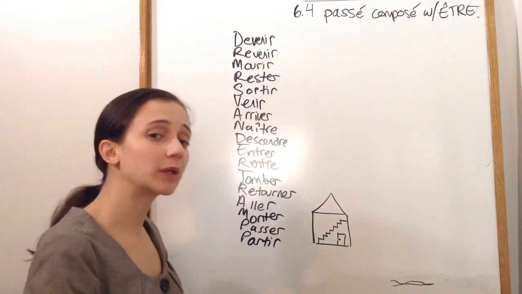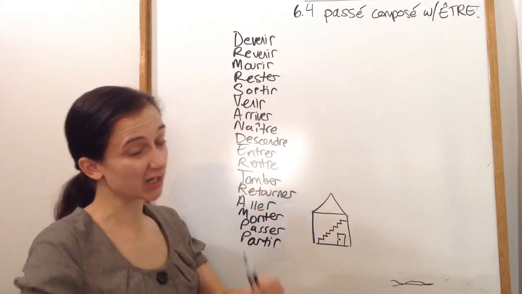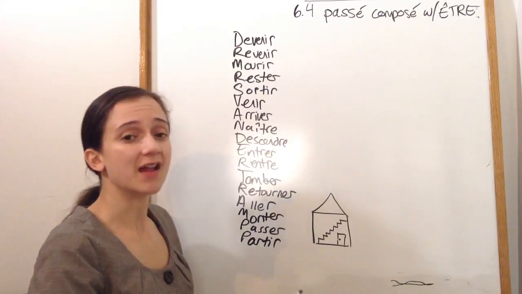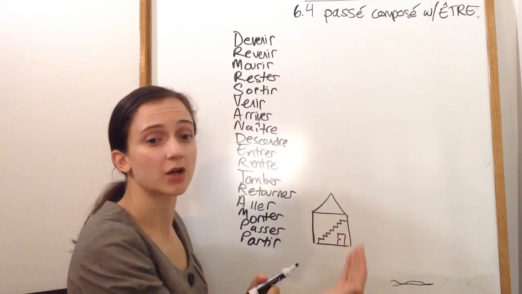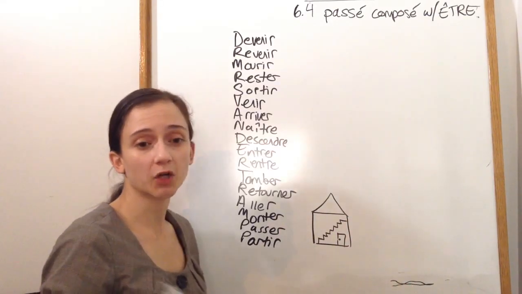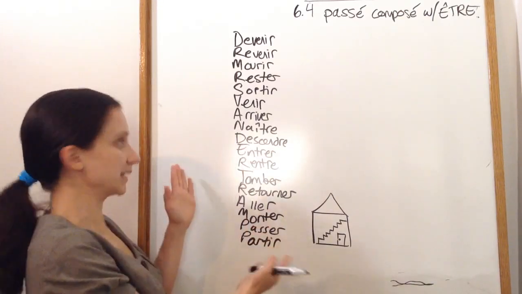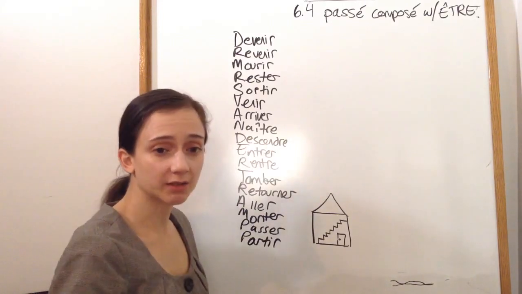So in the last section we learned that the passé composé is composed of two parts. First, an auxiliary verb in the present tense, and then the second part, which is the past participle. Now most verbs use avoir, but there is a list, which is basically this one, where you take être as the auxiliary verb.